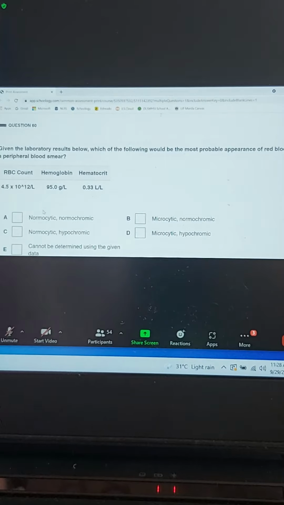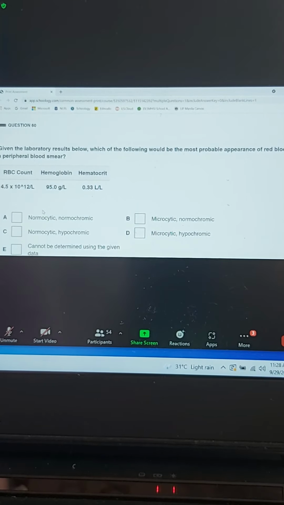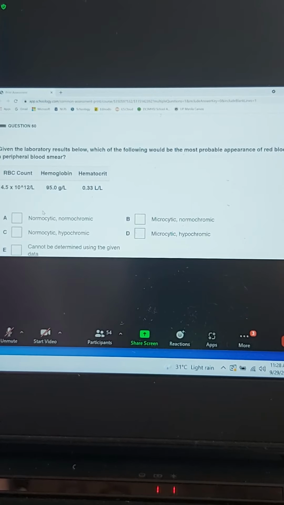Mababa po yung values ng hemoglobin. O di rin mababa ang values ng hemoglobin hematocrit pero normocytic. Anong pinaka-reference natin? So you can actually calculate, di ba, for MCV and MCHC.